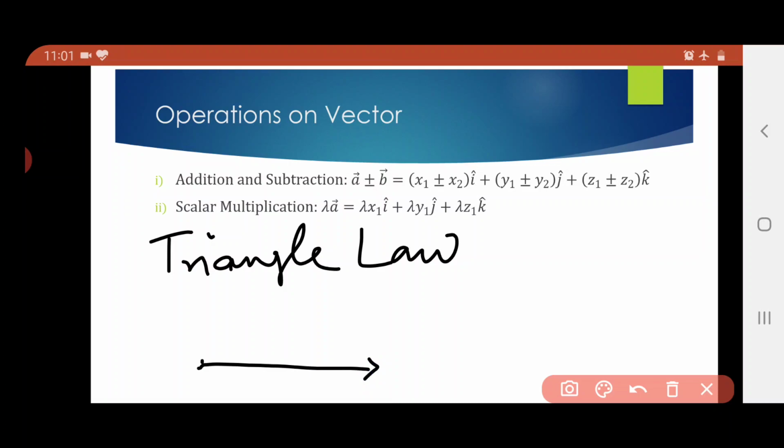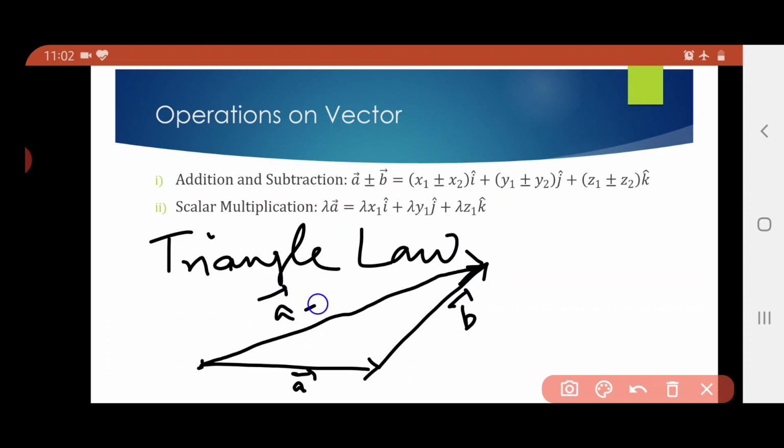So if this is my vector A and then this is the other vector B, then the vector which joins the initial point of the first vector and the terminal point of the second vector, taken in the opposite sense, represents the sum of the vectors A and B. So you see, what is the meaning of sense?